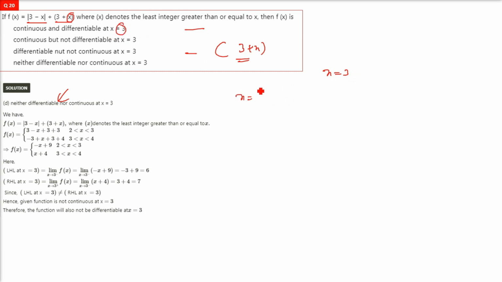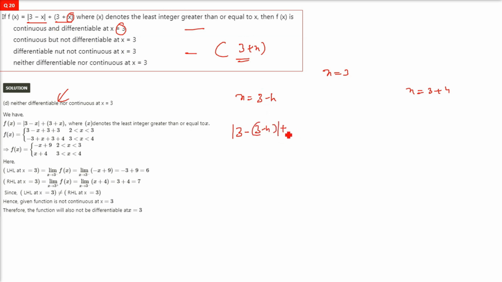So we'll put x as 3 minus h and x as 3 plus h. We have to check at x equal to 3 because all the options are at x equal to 3. So x equals 3 minus h on the left, x equals 3 plus h on the right. So we have this 3 minus h, just replace wherever x is by 3 minus h.